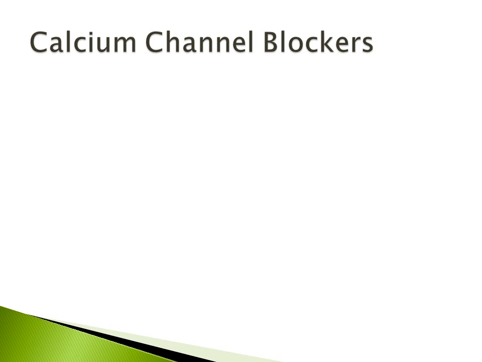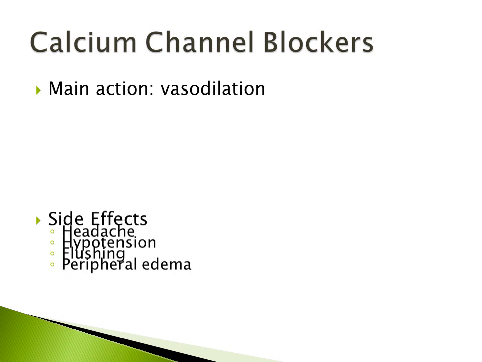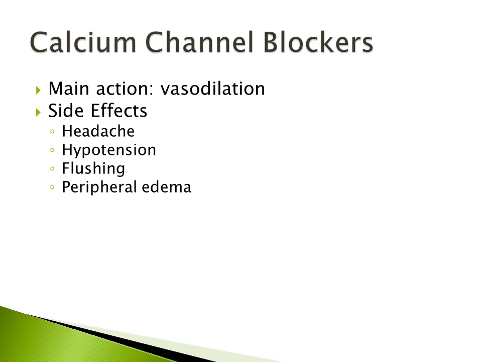And then the calcium channel blockers. Although we didn't talk a lot about them, we're still just going to acknowledge them because we're going to talk about them again in, I forget, is it chapter 27 or 28, somewhere in there. Their main action is vasodilation. Because they're a vasodilator, they're going to cause a headache, hypotension, flushing, peripheral edema, and reflex tachycardia as well.